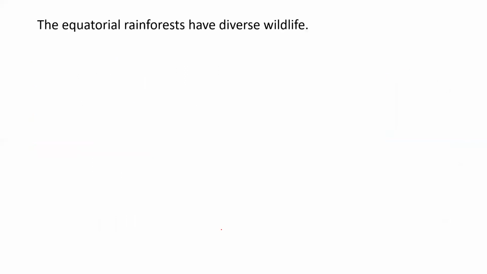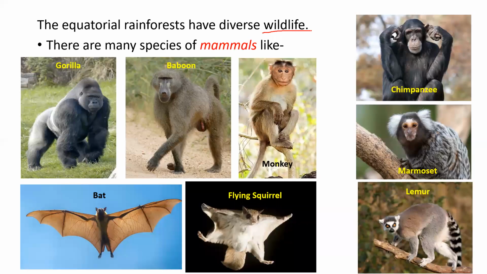Next, we will study the wildlife, that is the wild animals, or what kind of animals are found in the equatorial region. So I have attached a few animals which we find in the equatorial rainforests. First is gorilla, then baboon, monkey, chimpanzee.